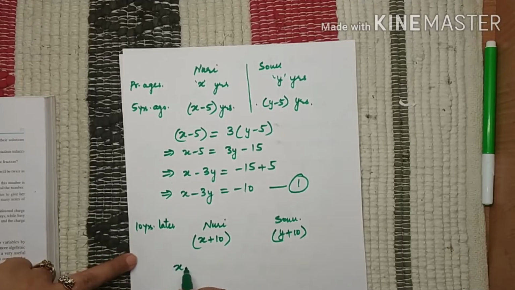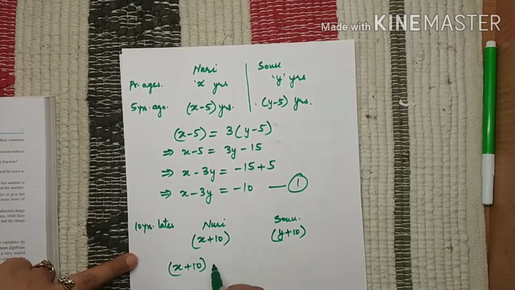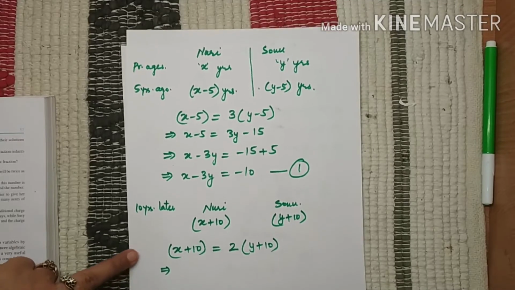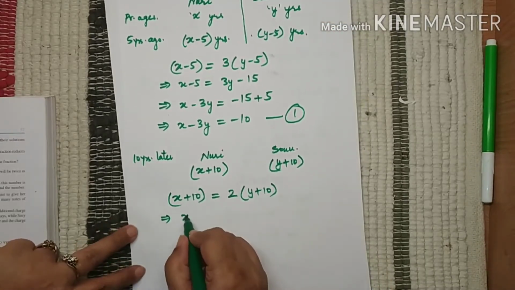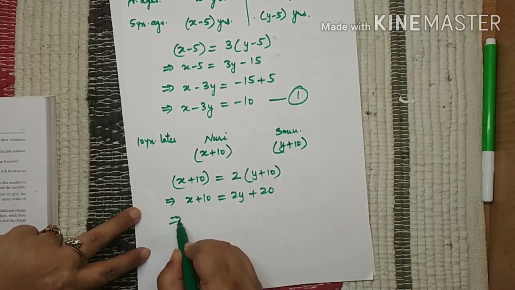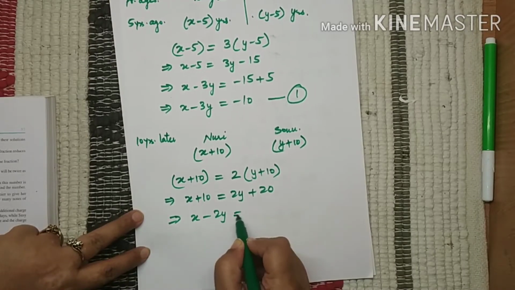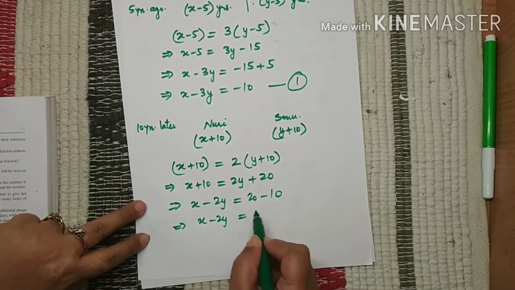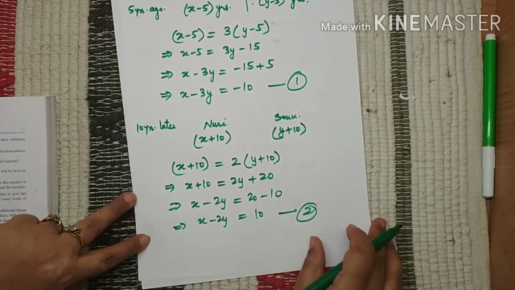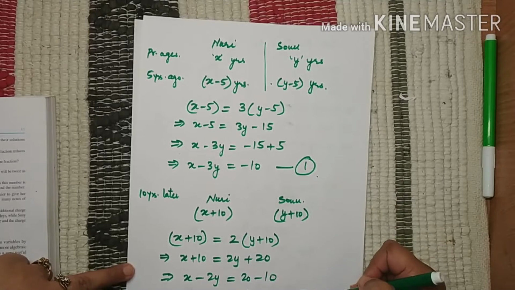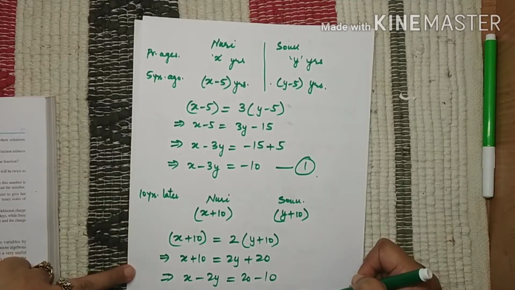What is the relation according to the question? The question says Noori will be twice as old as Sonu, so 2 times. This gives me x plus 10 is equal to 2y plus 20. So x minus 2y is equal to 20 minus 10, so x minus 2y is 10. This is the second equation.